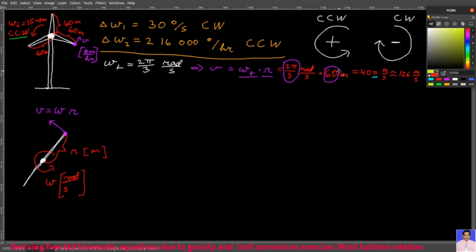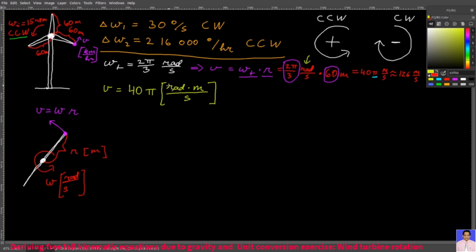But now you might ask, wait a minute, where did this radians go? Shouldn't it be v equals 40 pi and then radians times meters over second? Shouldn't this be my unit? And shouldn't I do something to get rid of my radians as well?